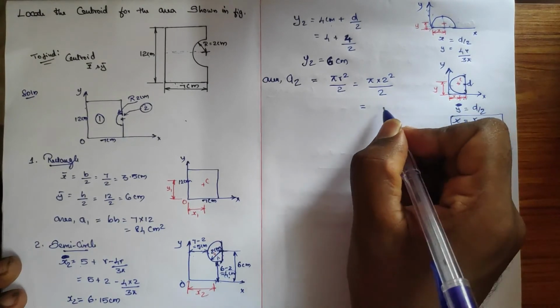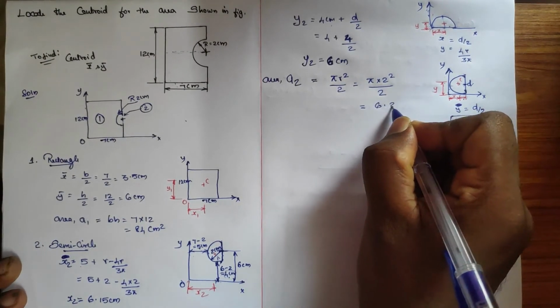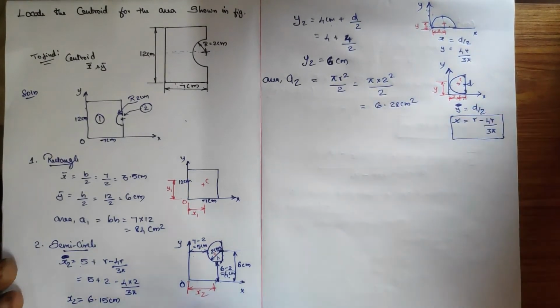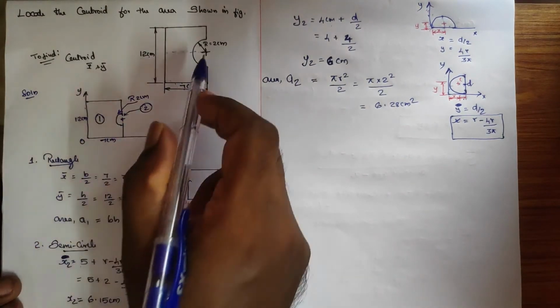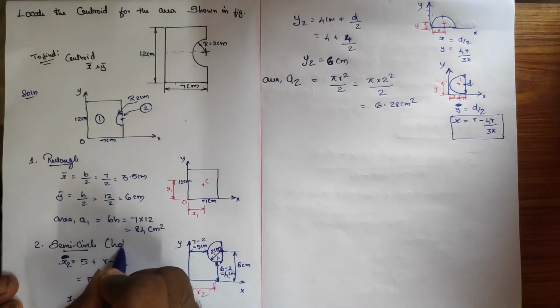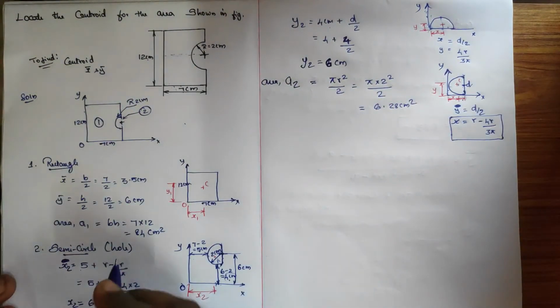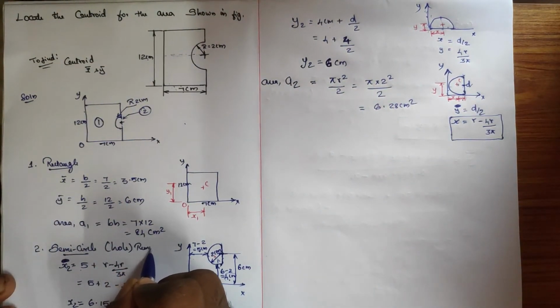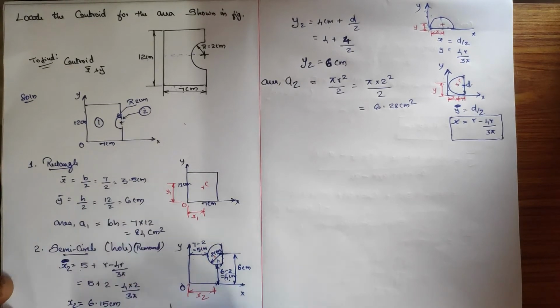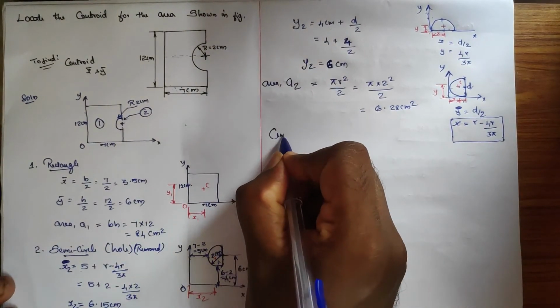Here we get 6.28 centimeter square. Okay, this particular semicircle is a hole. It's a removed section, a portion that is removed.